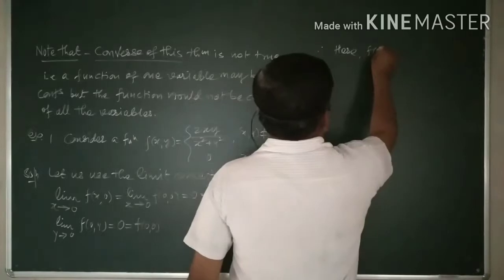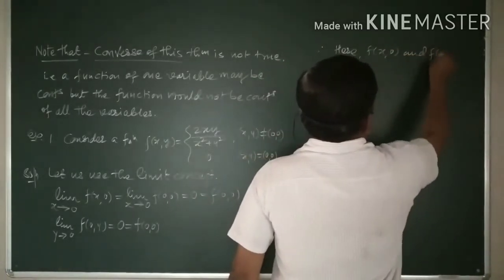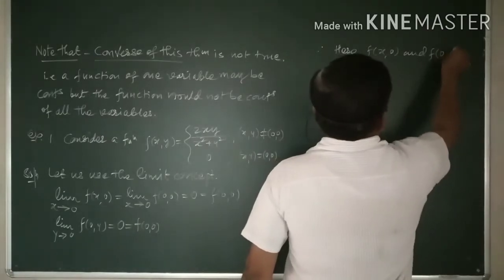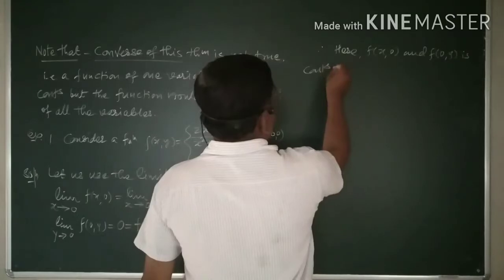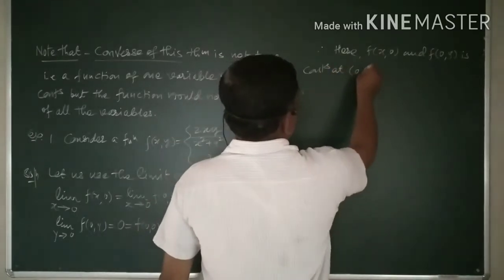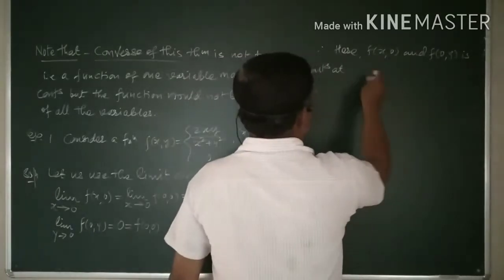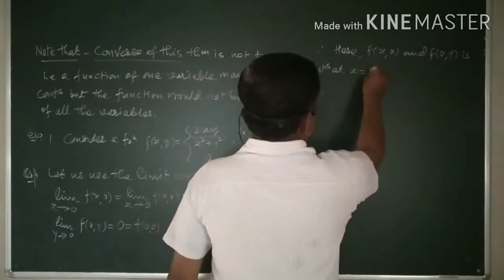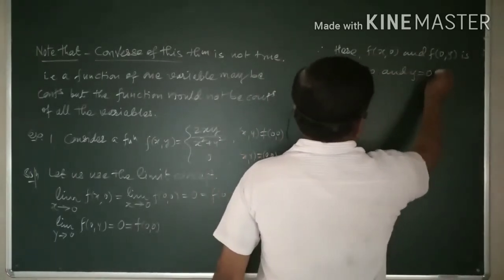f of (x, 0) and f of (0, y) are continuous at (0, 0), respectively, at x is equal to 0 and y is equal to 0.